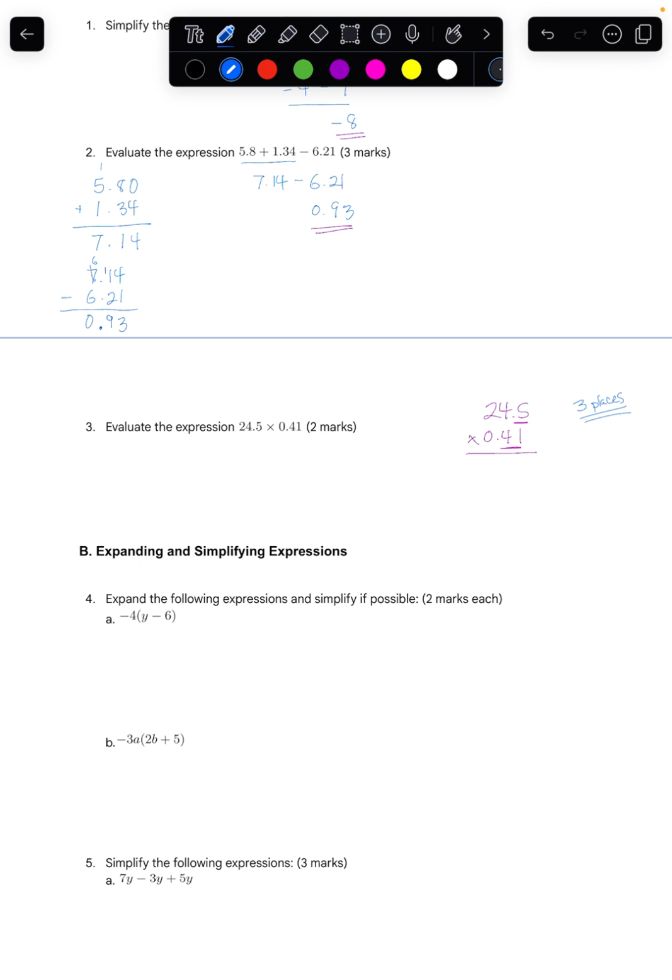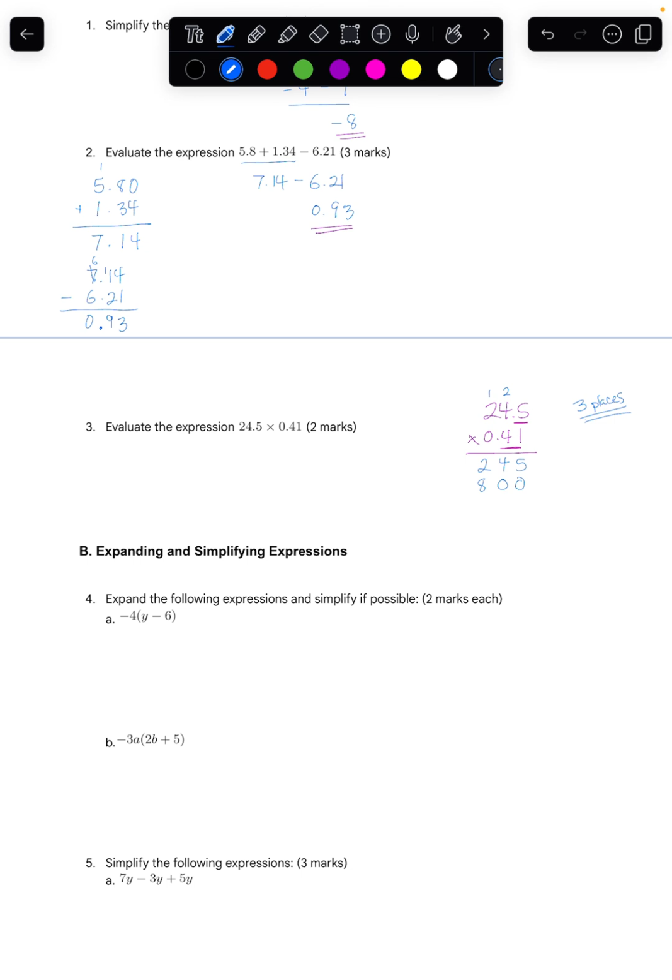Now we want to do this multiplication without worrying about the decimals. And we'll start with 1 times 5. So 1 times 5 is 5. 1 times 4 is 4. 1 times 2 is 2. And then we place a 0 because we're moving over to the 4. We're multiplying everything by 4. So 4 times 5 is 20. Place the 0. 4 times 4 is 16, plus the 2 is 18.